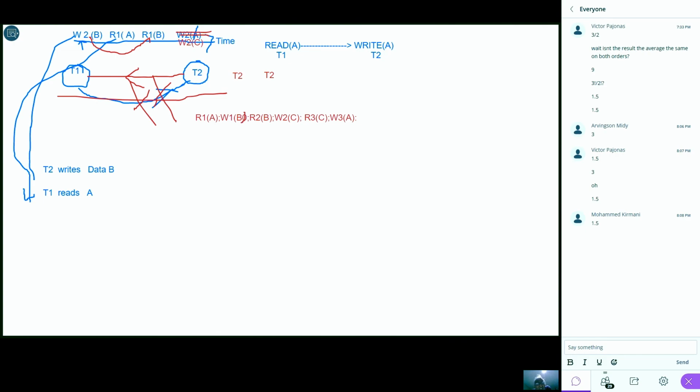So we have transaction 1 reading A, 1 writing B, 2 reading B, 2 writing C, 3 reading C, and 3 writing A. How many transactions do we have? 1, 2, 3. So let's make 3 circles.